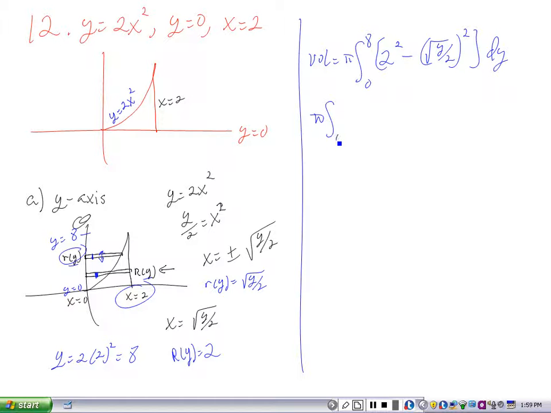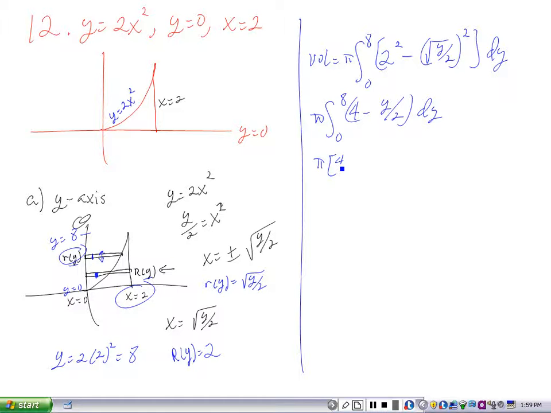So we get pi times the integral from 0 to 8, 4 minus y over 2 dy. We simplify that, just in terms of integrating. Let's go ahead and integrate this.